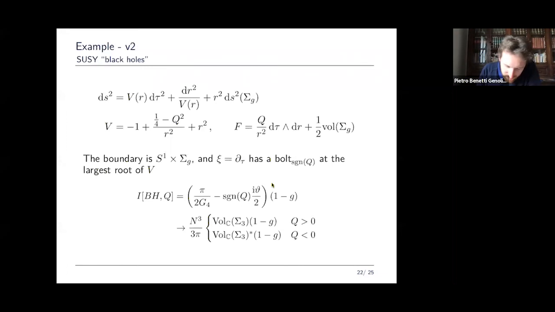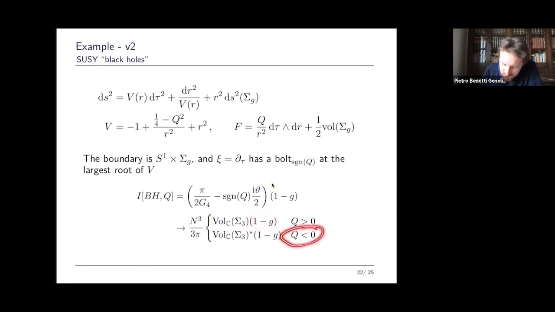So I'll conclude with this case. Let's go back to the SUSY black hole. The SUSY black hole, which is your favorite metric by now: the on-shell action of the SUSY black hole with the theta angle added gives, if Q is larger than 0, the complex hyperbolic volume multiplied by 1 minus g.